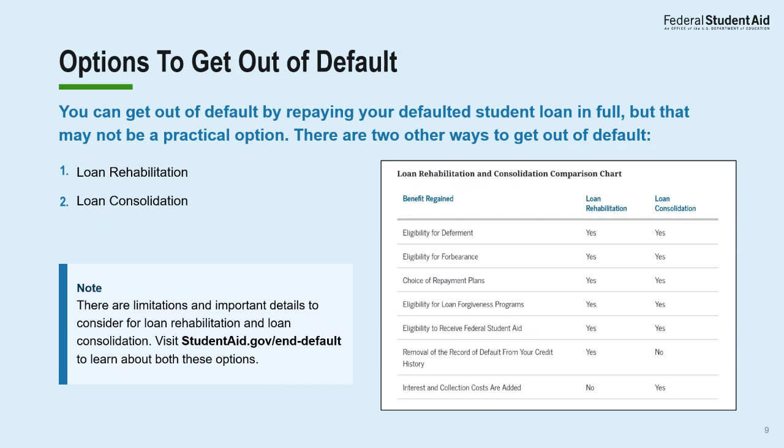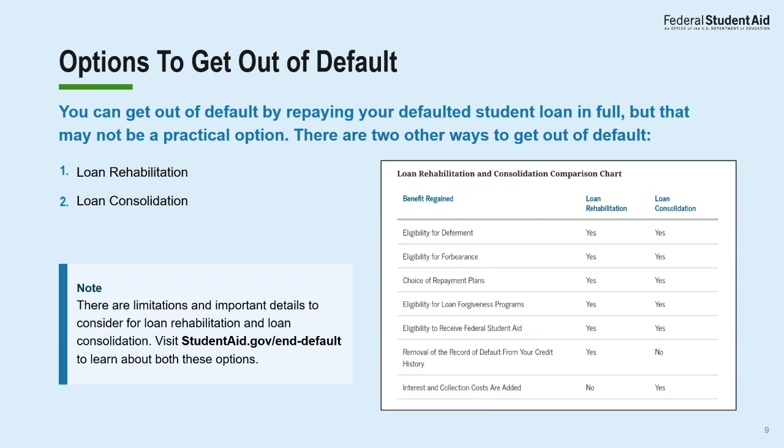Now, you're probably thinking there is no way that is possible, Tanika, and that might be true for some of you. So, there are two other ways that you can get out of default. One is called our loan rehabilitation program. And the second is to have your loans consolidated. Now, there are limitations to both of these options.